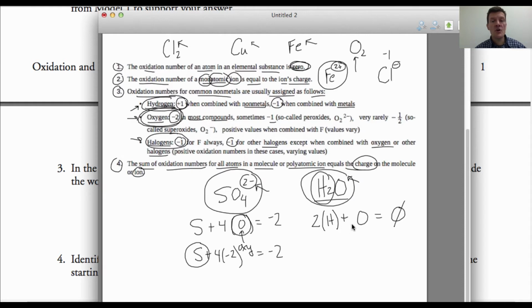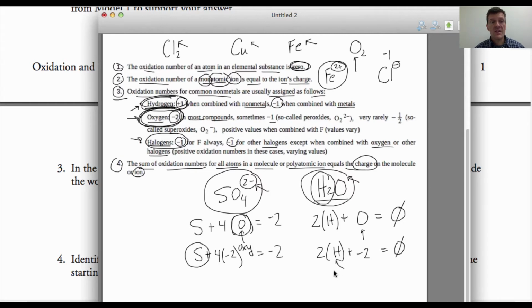Well, if you know one of these, you can find the other one. Now actually, both of them are usually pretty common. We discovered that up here in rule 3 of our oxidation numbers. But let's say we know oxygen is a -2. That means I could find the hydrogen if I needed to by taking this equation and solving for H right there. And that would give me the oxidation number of H.